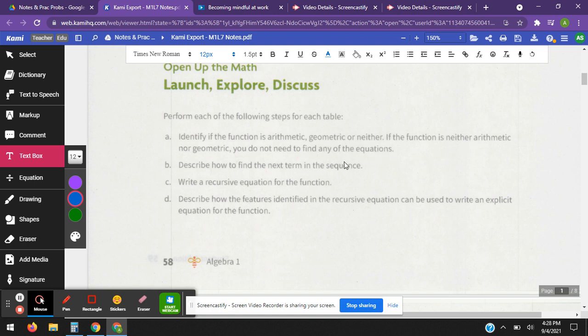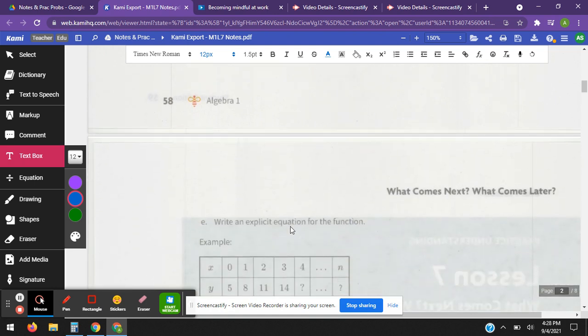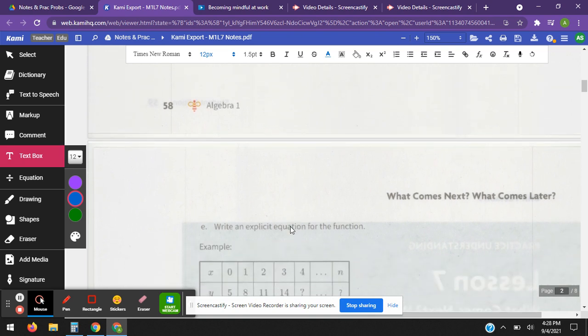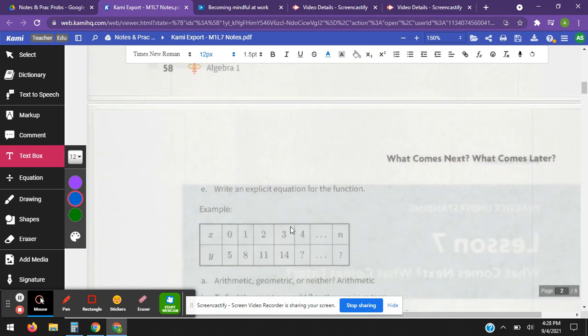If it's neither, then we're done. That's all we can do. But if it is arithmetic or geometric, we're going to describe how to find the next term in the sequence. We're going to write the recursive equation for the function, and we're going to use that to write the explicit equation.